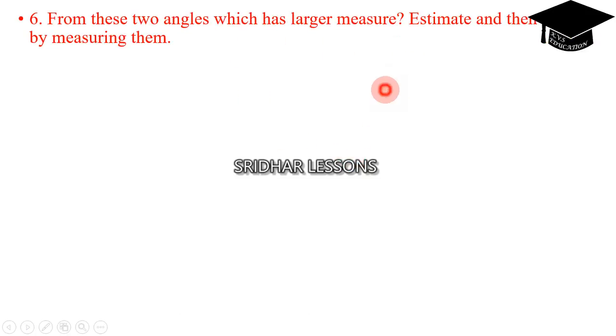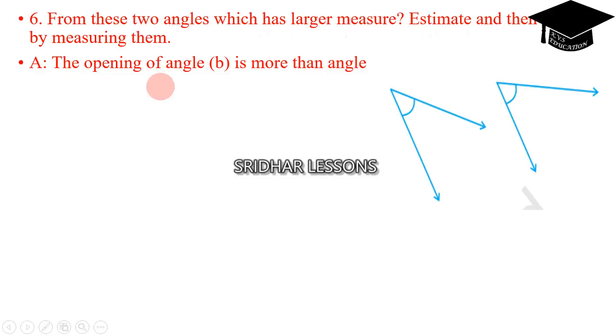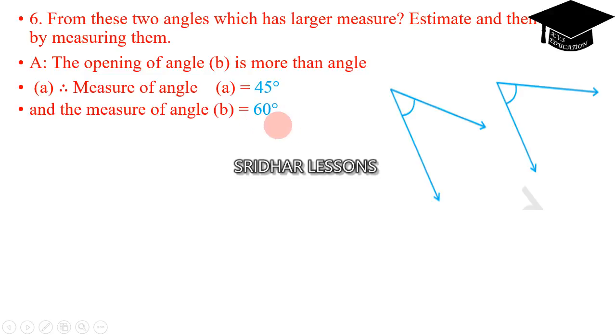From these two angles, which has the larger measure? Estimate and then confirm by measuring them. The opening of angle B is more. Therefore, the measure of angle A is equal to 45, and the measure of angle B is equal to 60. The opening of angle B is more than this one.